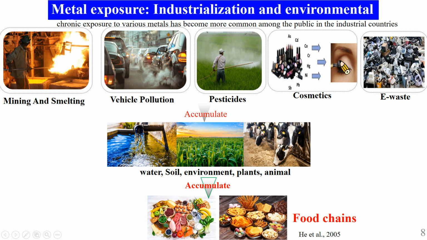And also women's cosmetics like makeup also contain metal as well. Not to mention the e-waste. So those environmental metals may contaminate our water, soil, environment, plants, and animals. So subsequently, this will accumulate in the food we eat.